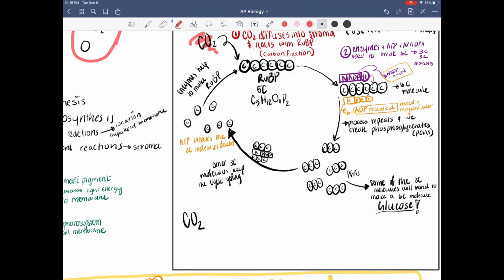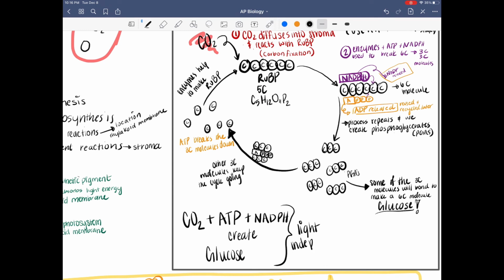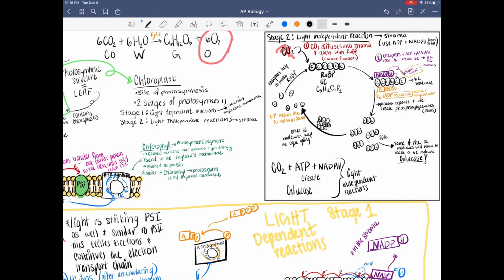Overall, CO2 plus ATP plus NADPH were all used in stage 2 to create glucose. That is a quick summary of our light independent reaction.